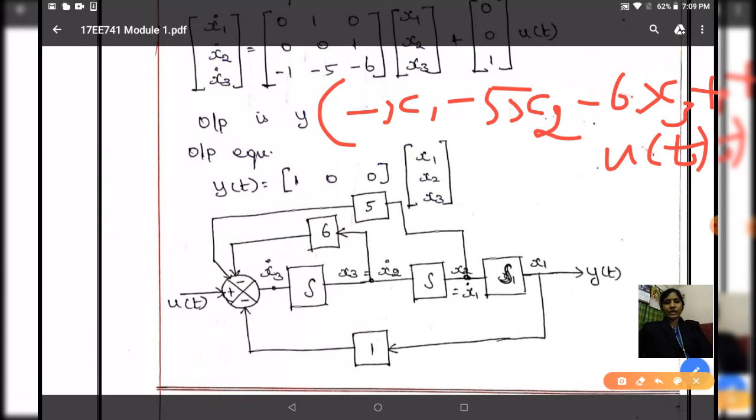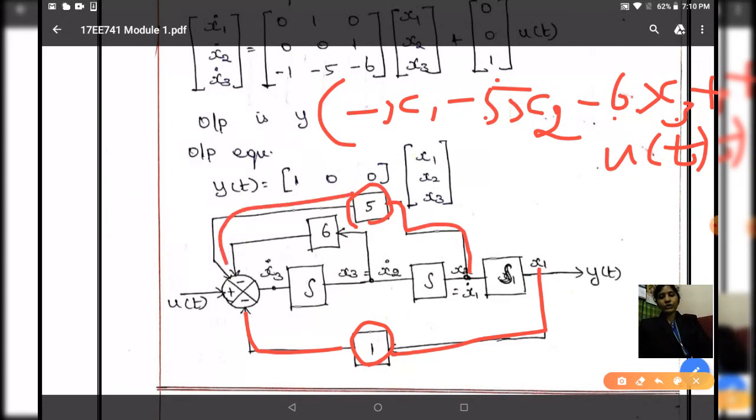From x1 you take the gain 1 and connect it to the summing point with a negative sign. The same for x2: the gain written here is 5, so from x2 you connect the gain 5 to the summing point with a negative sign. The next one is minus 6x3: from x3 the gain is 6, and it is connected to the summing point.